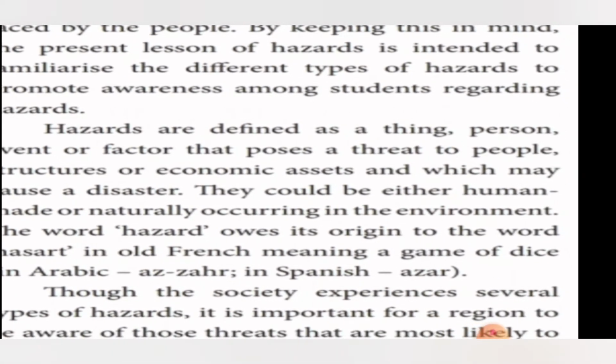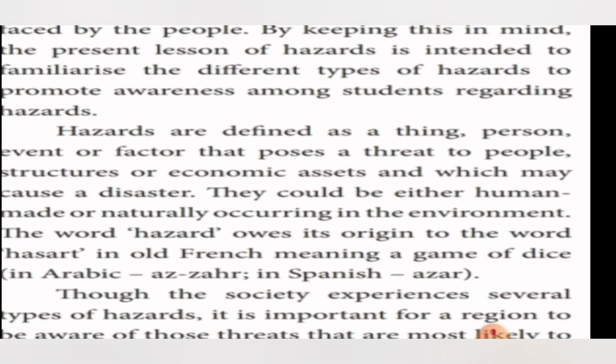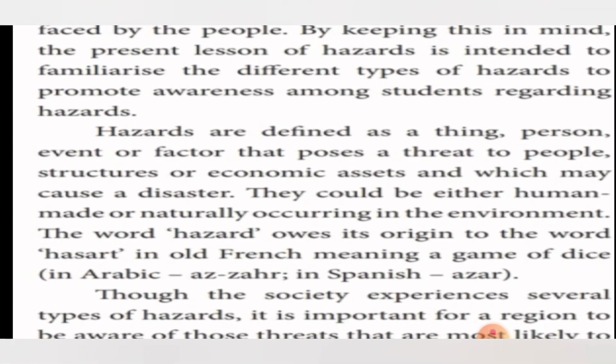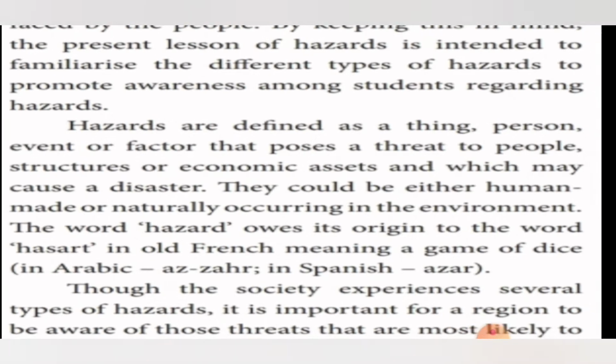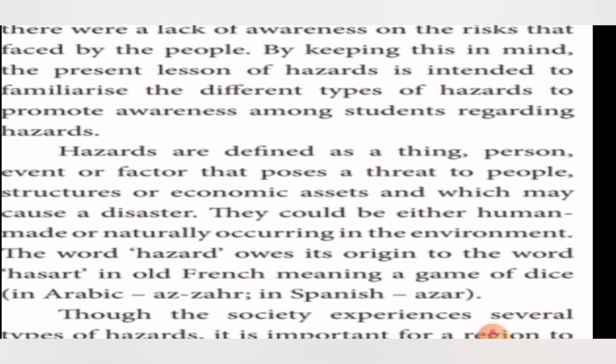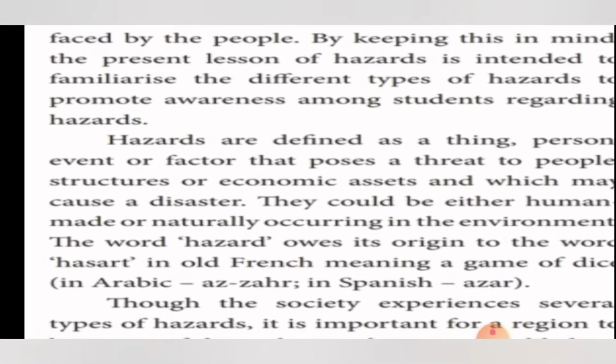Second paragraph: hazards are defined as a thing, person, event or factor that poses a threat to people, structures or economic assets, and which may cause a disaster. So this is the short answer, starting from hazards till it causes a disaster. Up to that you have the short answer.